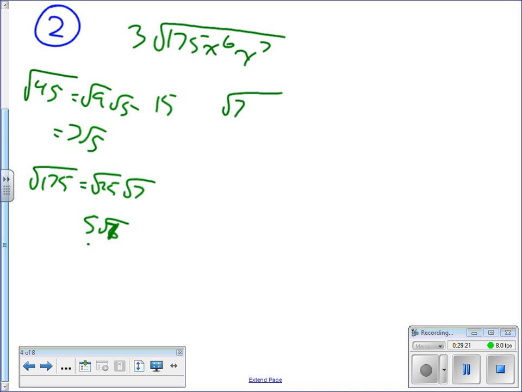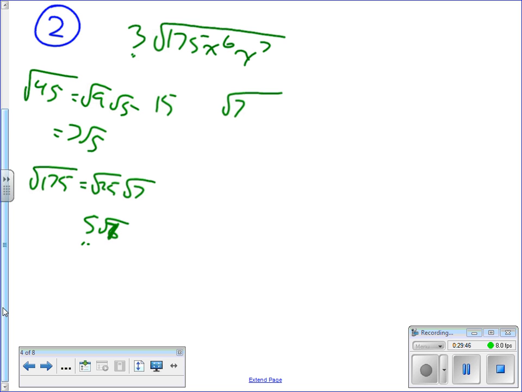That's just dealing with the 3 times the square root of 175. No matter how you look at it, these numbers are big, they're ugly, it's not pretty. Where does the 15 come from? 3 times 5. The 3 that's here times the 5 that's there. Now I'm dealing with the variables.